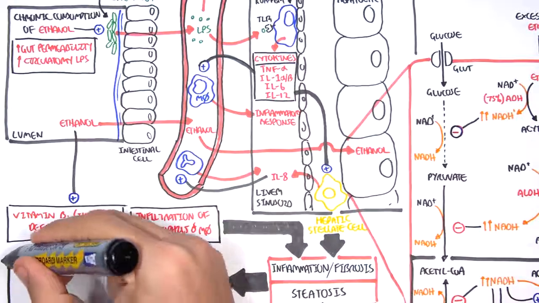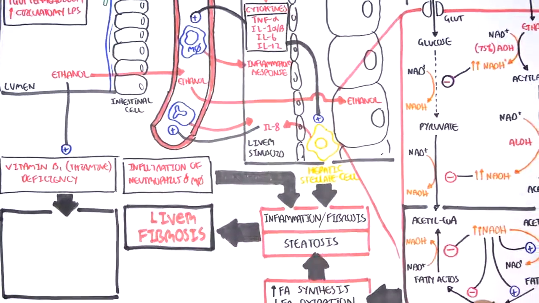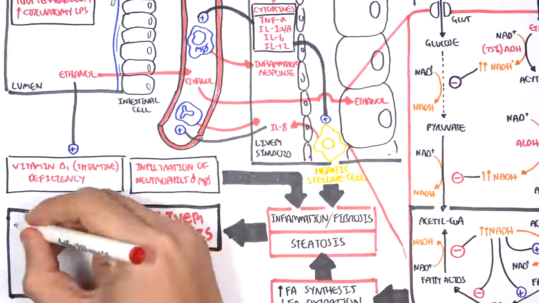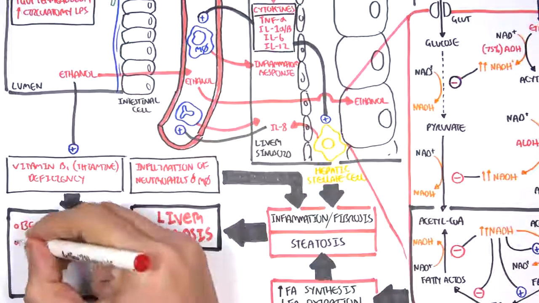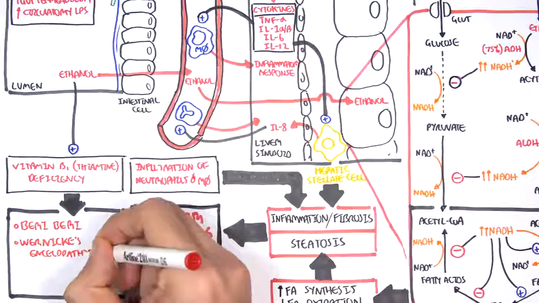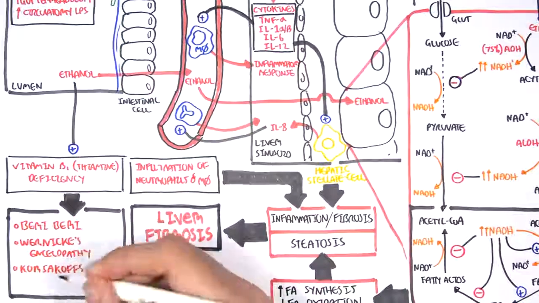So thiamine deficiency results in three things. It can result in a condition known as beriberi, Wernicke's encephalopathy, basically neurological pathology, and also Korsakoff's psychosis. And this is essentially memory loss.